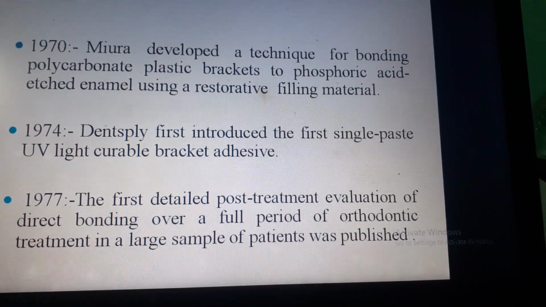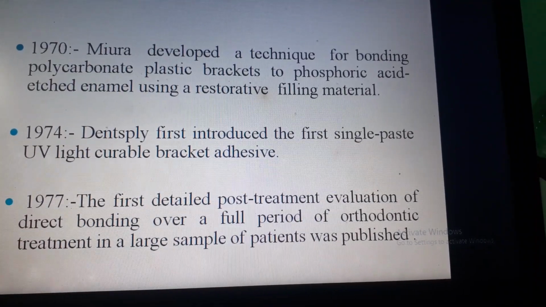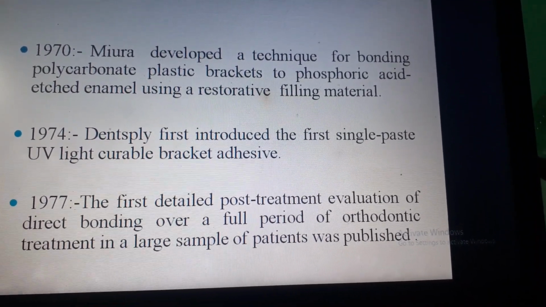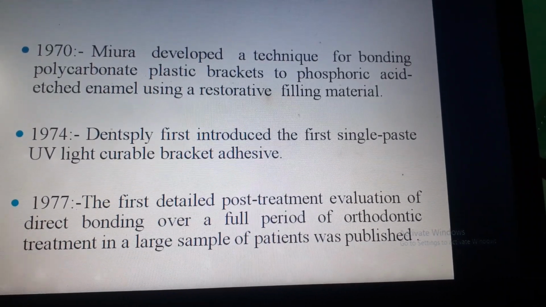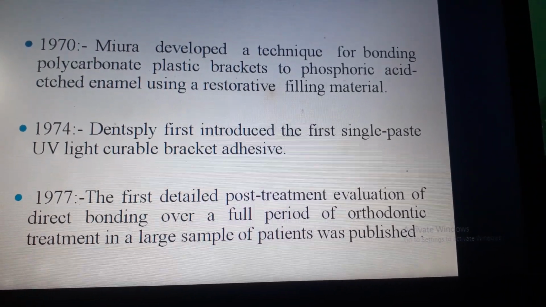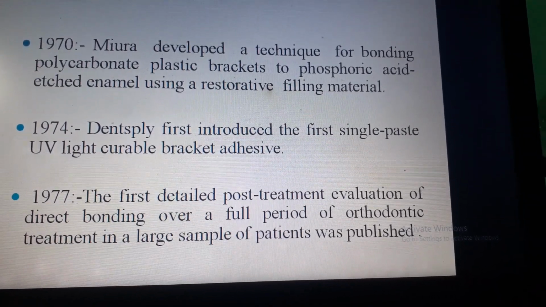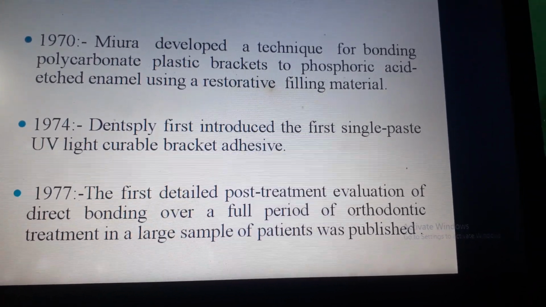In 1970, Mizrahi developed a technique for bonding polycarbonate plastic bracket to the phosphoric acid etched enamel using restorative filling material. In 1974, Dentsply first introduced fast single paste UV light curable bracket adhesive.